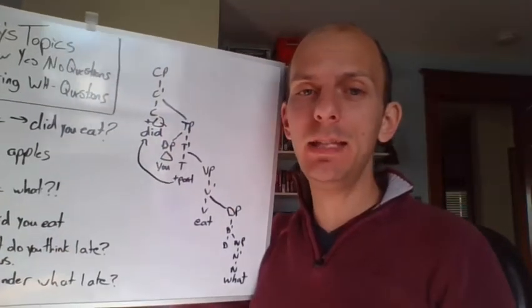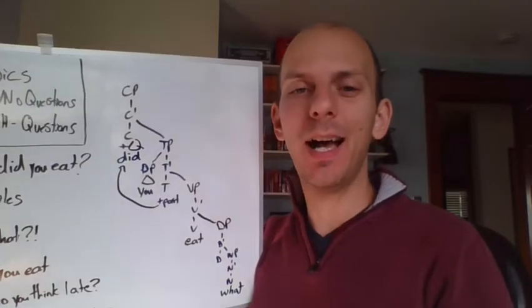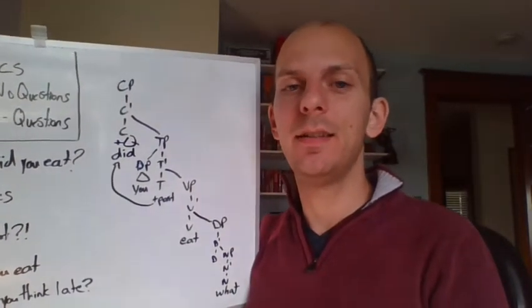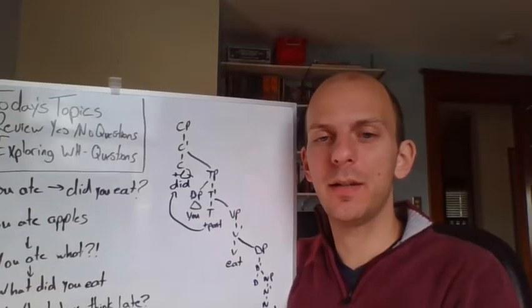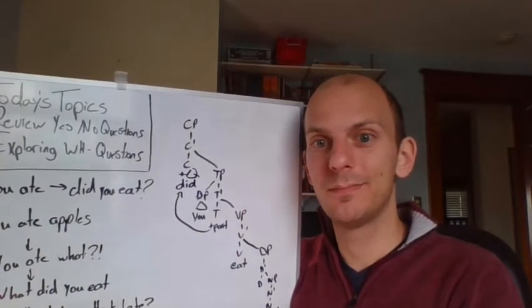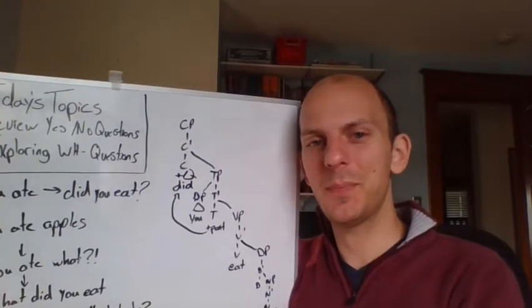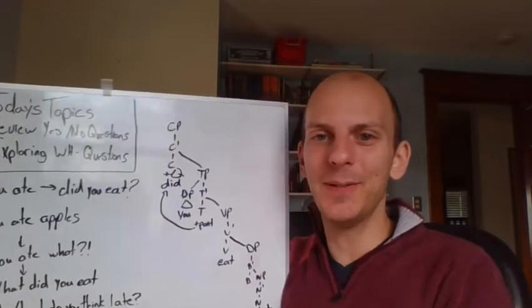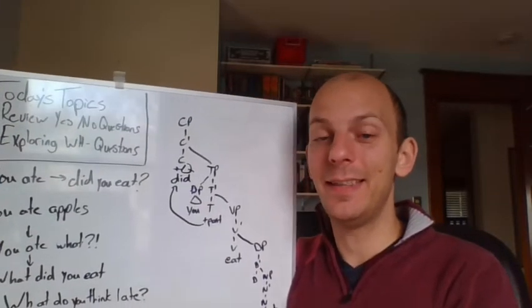Now, do we have any positions currently in our tree that would put it in a higher position than did? Do we have any positions available there? We do have positions there, but just one. Literally only one position in our current tree is higher than did.